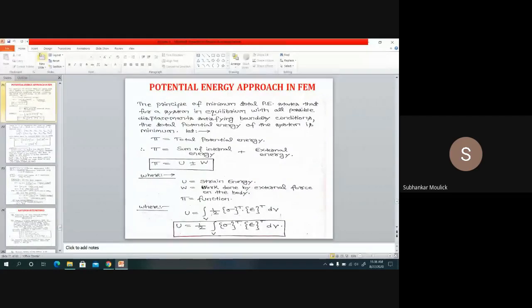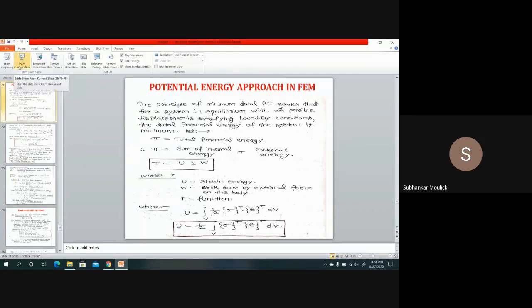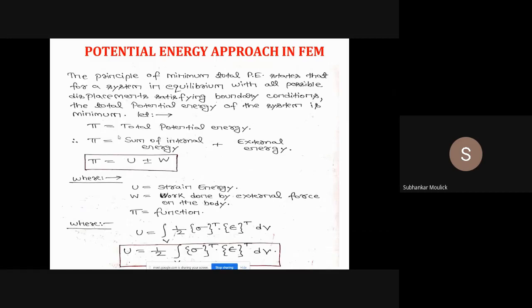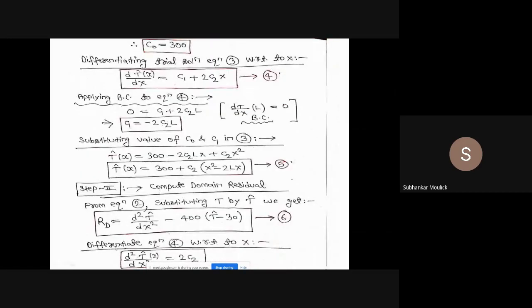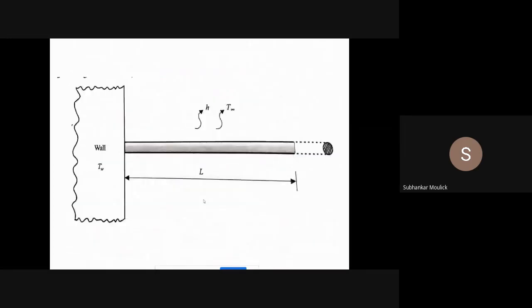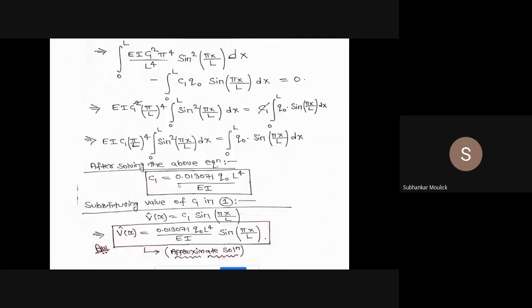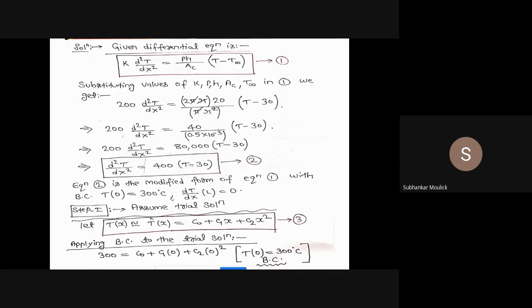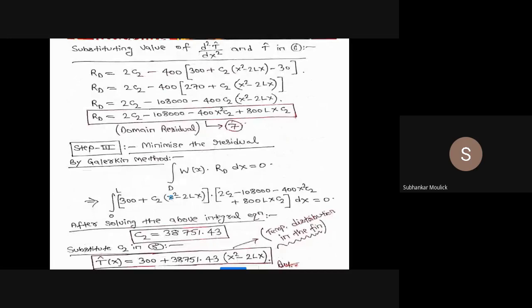Fine. So, before starting today's class, let me give you a brief recap of what we did in the last class. If you remember, in the last class, we solved this heat transfer problem related to the weighted residual method. After that, we started the topic of variational method.